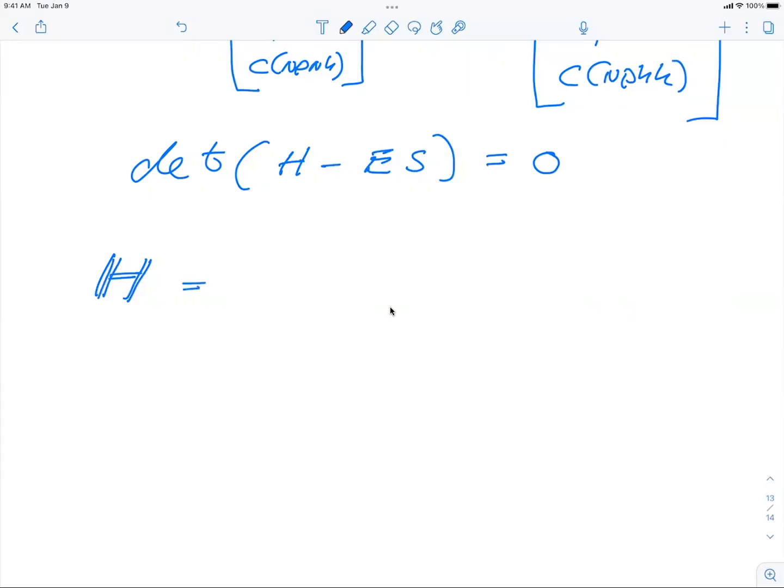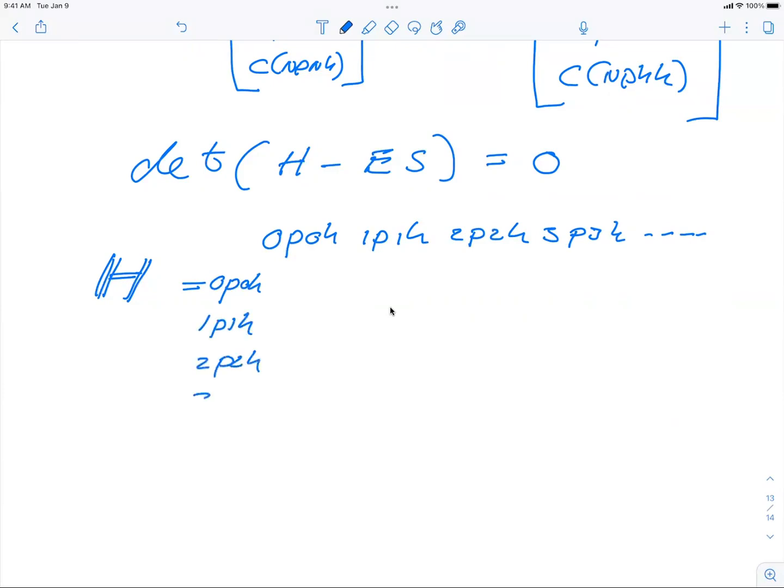What we would have then is a matrix which goes like 0 particle, 0 hole, 1 particle, 1 hole, 2 particle, 2 hole, 3 particle, 3 hole. So these are blocks now of elements. And this goes all the way up to n particle, n hole. And then we have the same on the side here, 0 particle, 0 hole, 1 particle, 1 hole, 2 particle, 2 hole, 3 particle, 3 hole, and all the way down to n particle, n hole.